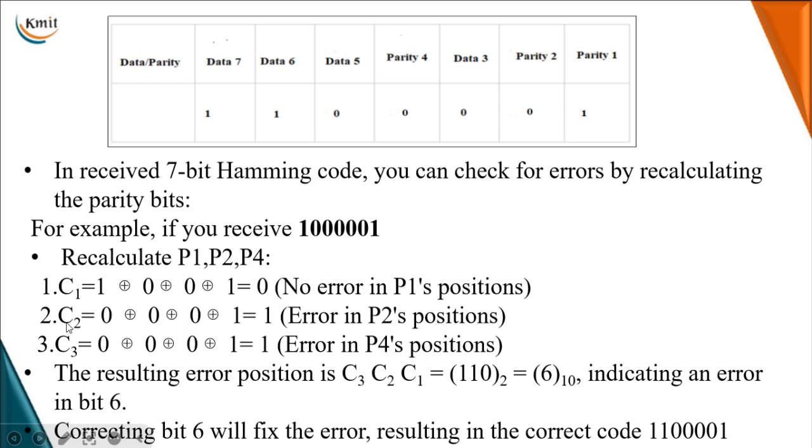Next we'll check parity 2 with the correction bit C2. We'll check the positions 2, 3, 6, 7. It checks the positions 2, 3, 6, 7. So I received the data bits: position 2 is 0, 3 is 0, 6, 7 are 0, 1.